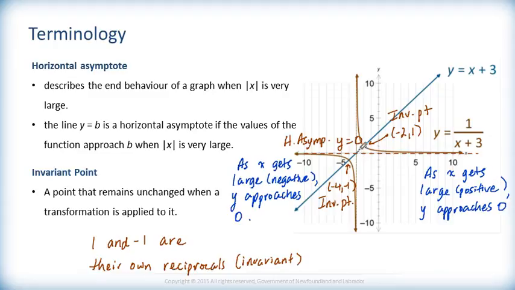Now in this region between the vertical asymptote and the invariant point, we have small positive y values on the graph of y equals x plus 3, and the reciprocal of a number between 0 and 1 is bigger than 1. So we get a graph that takes off. And in this region right here, where I have small negative values between 0 and negative 1 for my y values, the reciprocals will become large negative, so it forces the graph to take off this direction.